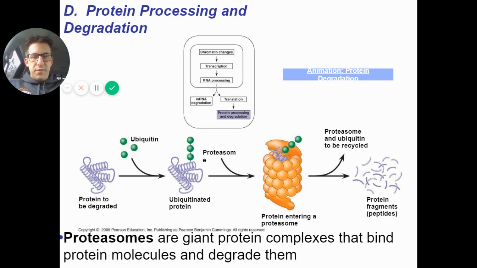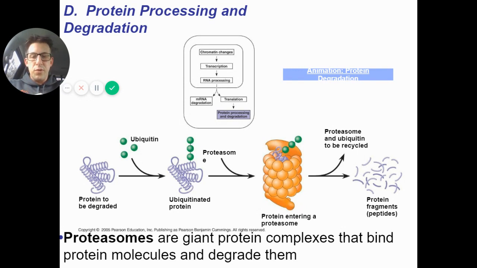We don't need those proteins forever, not all the time. Okay, there are times when the protein's just not needed anymore. And when the protein's just not needed anymore, sometimes those proteins get in the way and cause problems in other cellular processes. And sometimes the cell just needs the raw materials that protein can provide.